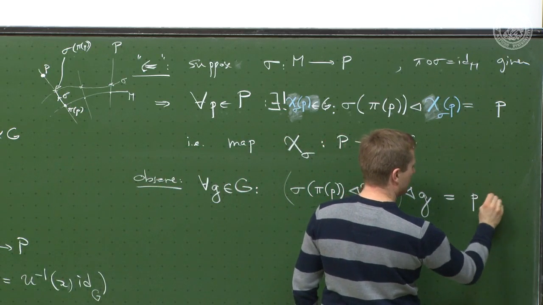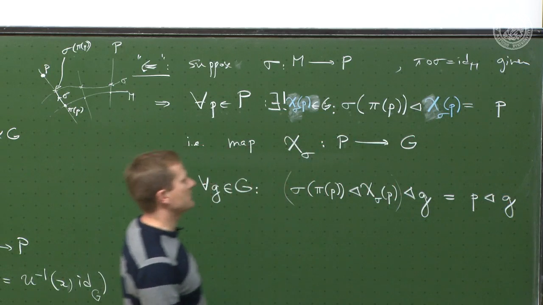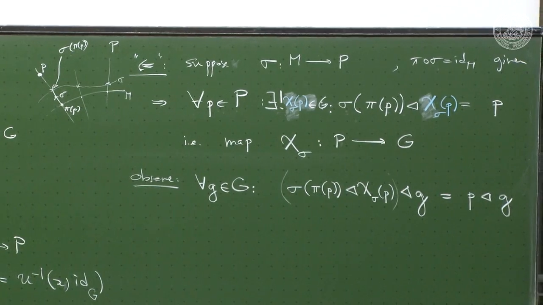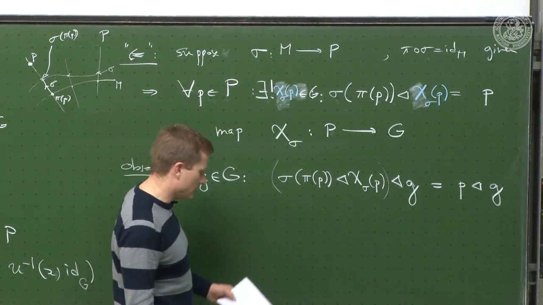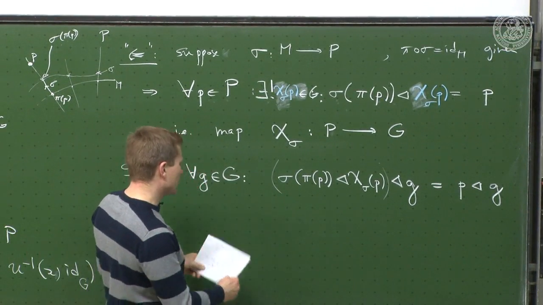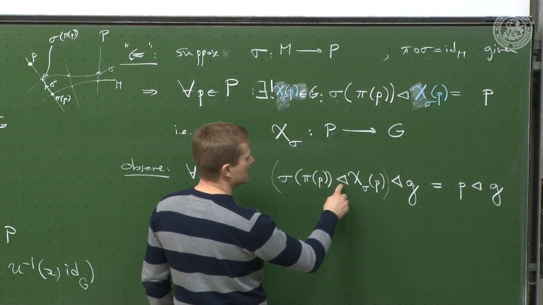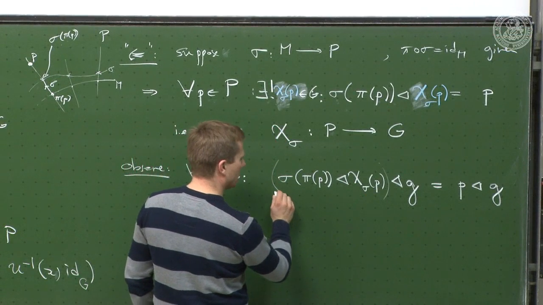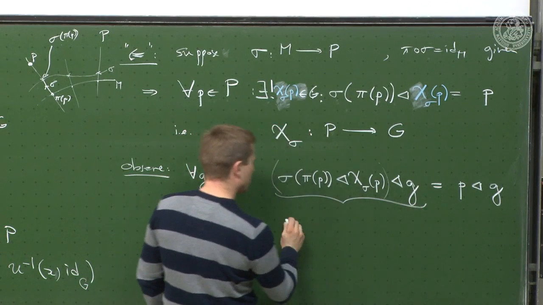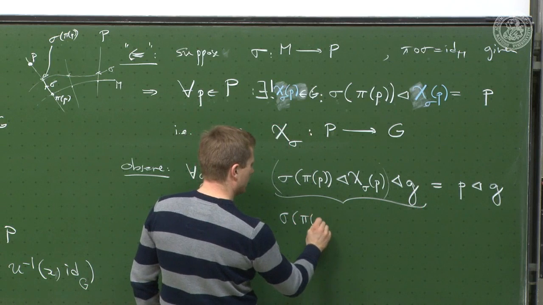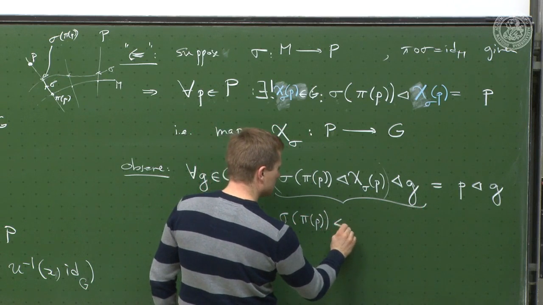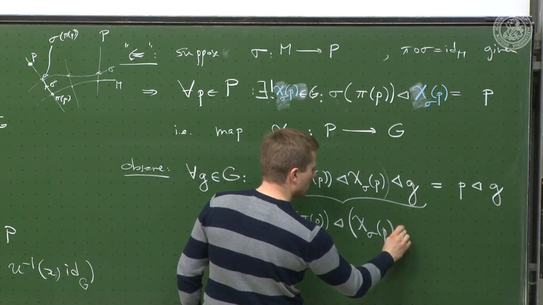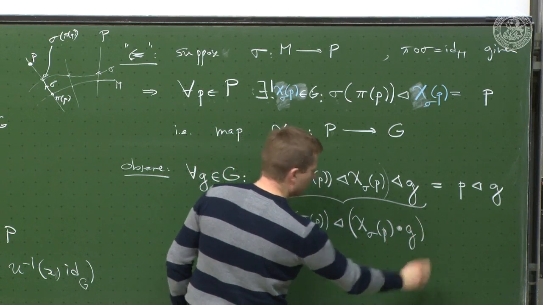Well, then obviously this must be true, because the bracket is P, so that is P acted upon from the right by a G. So now, however, we know that this is a right action. And because this is a right action, we know that this left-hand side is sigma of pi of P acted upon by this group element composed with this group element.